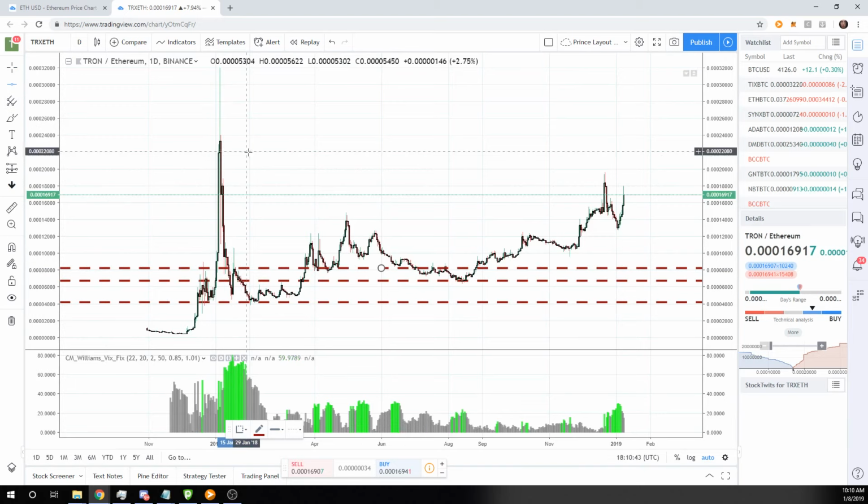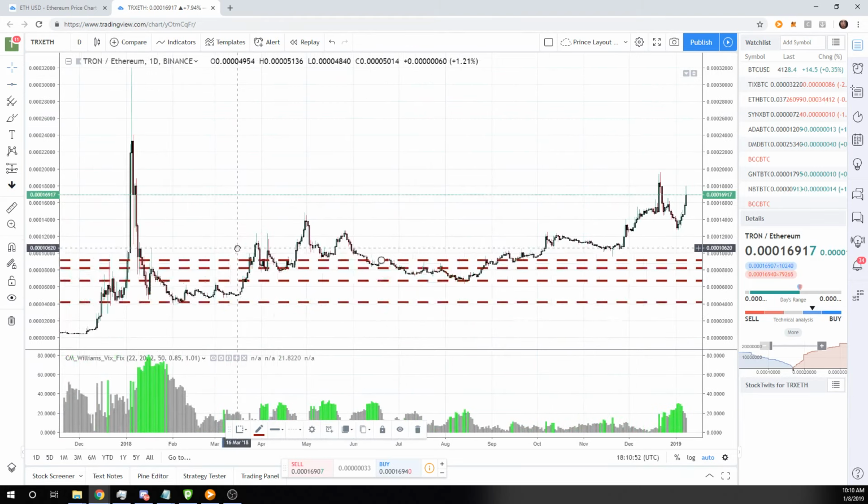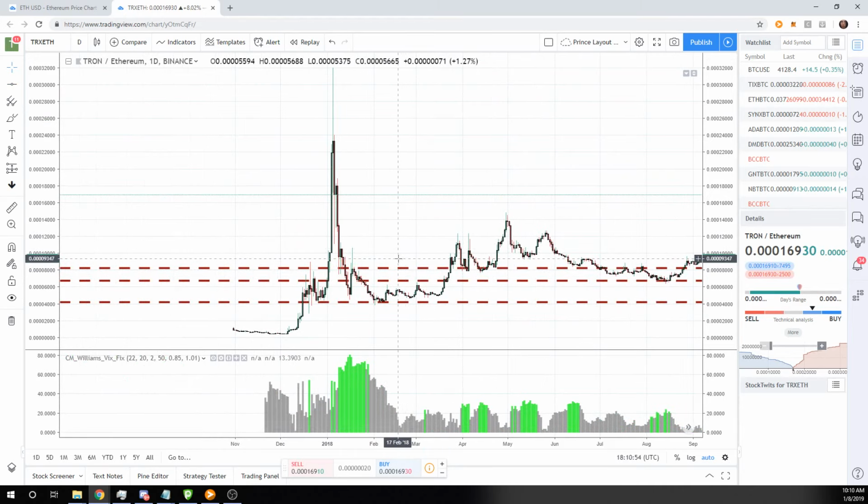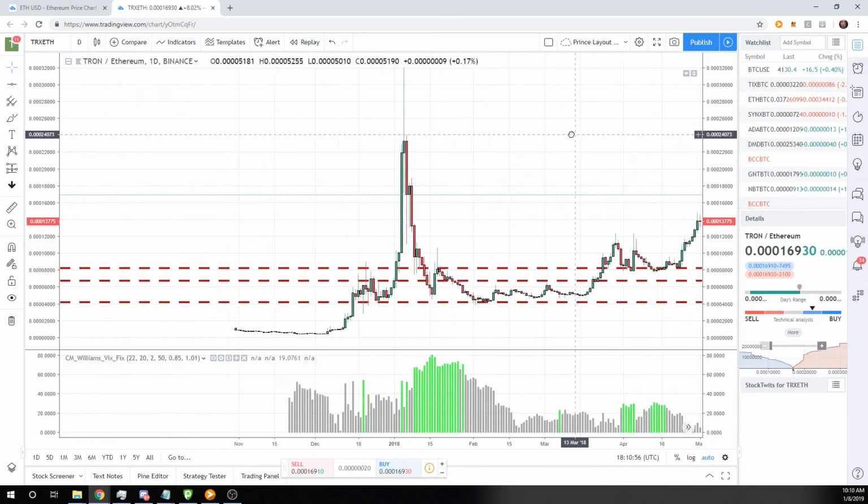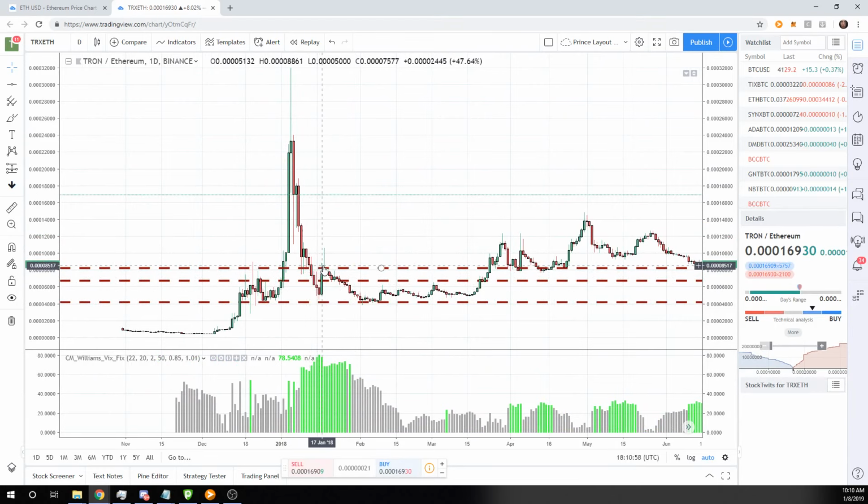There's one definitely there. You can see that the price came up right there, and then it came down right here. Here's an example of resistance, where the price was trying to go up, and this turned into resistance. Here, the price broke through that resistance, and that resistance became support.